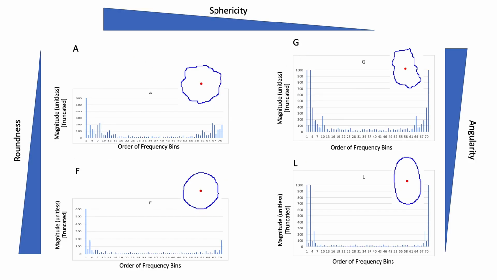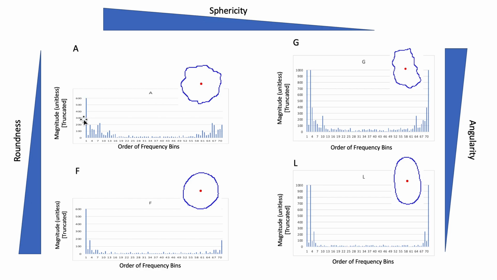And to summarize, here are the 4 extreme ends of the objects, comparing these 3 features on the Powers scale of roundness, that is roundness, sphericity, and angularity. We see that for objects that are circular in shape, the magnitude bars are all a lot smaller.